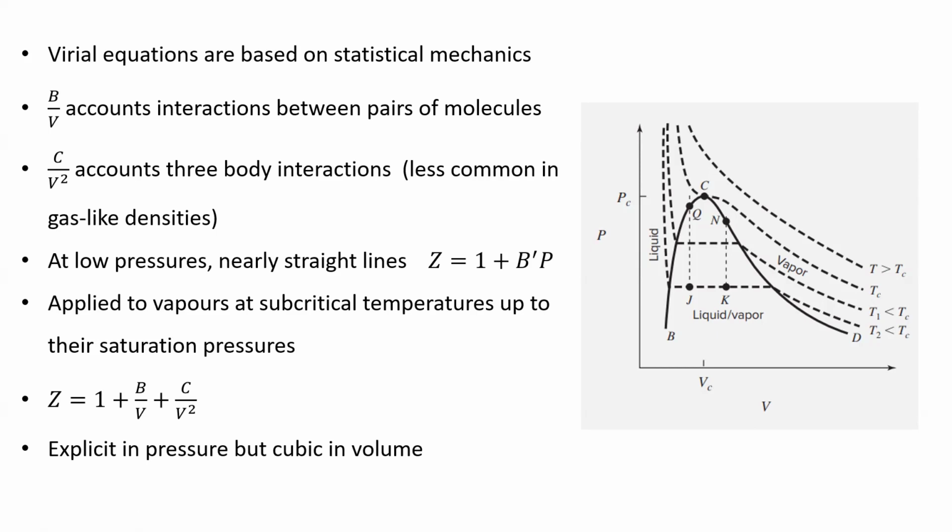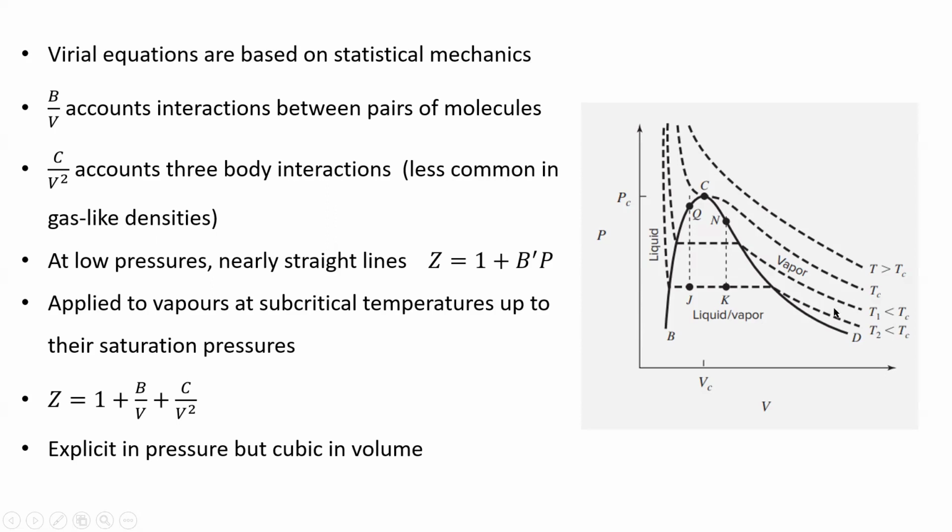So we can say that here this is almost like a linear line. If we find the tangent line near P tends to 0, that tangent line can explain the behavior to some pressure range.